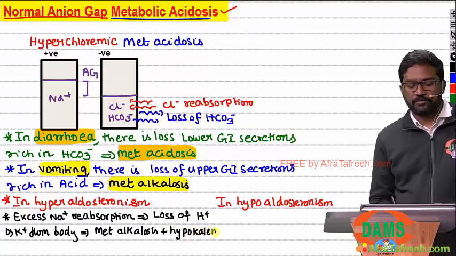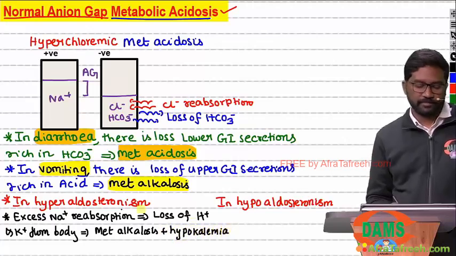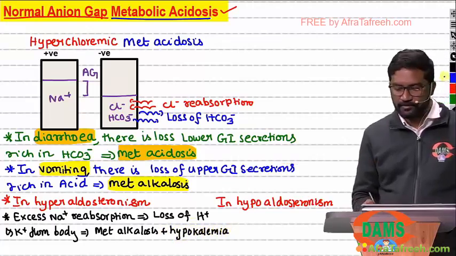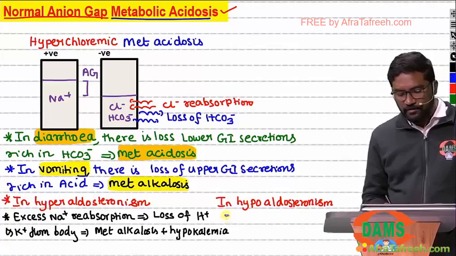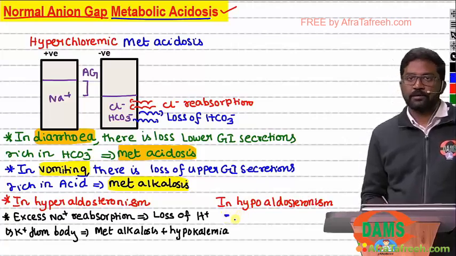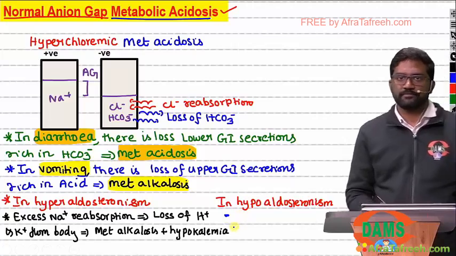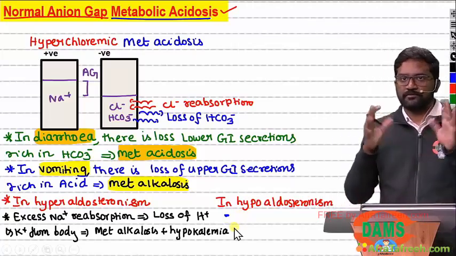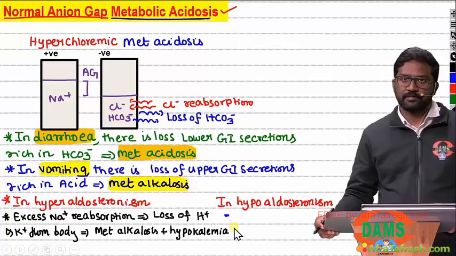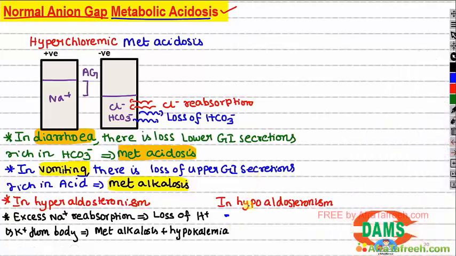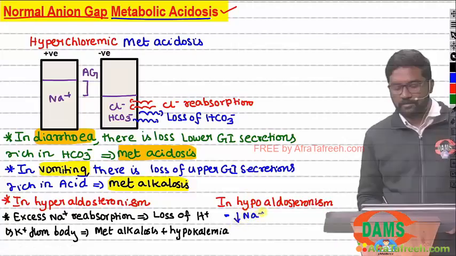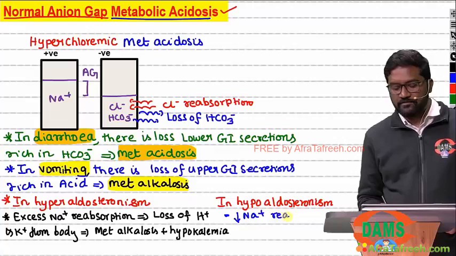The opposite of hyperaldosteronism is hypoaldosteronism. So here, what will happen? In hypoaldosteronism, sodium is not reabsorbed. There is decreased sodium reabsorption because aldosterone is not working.